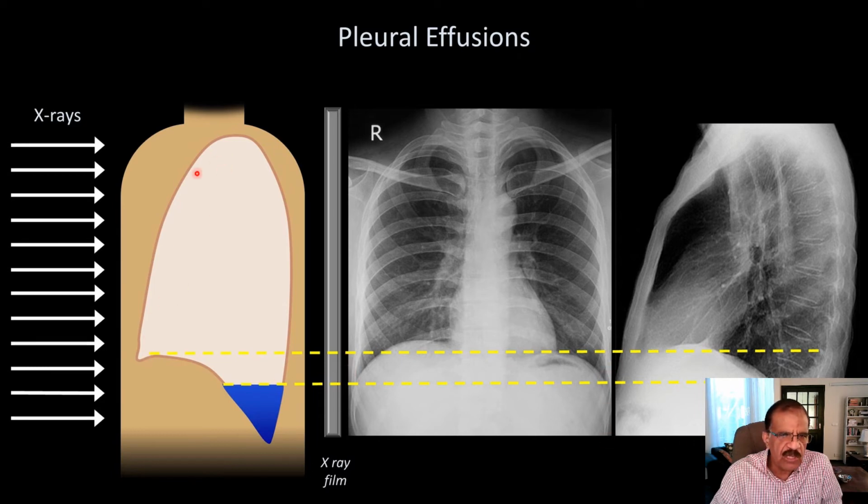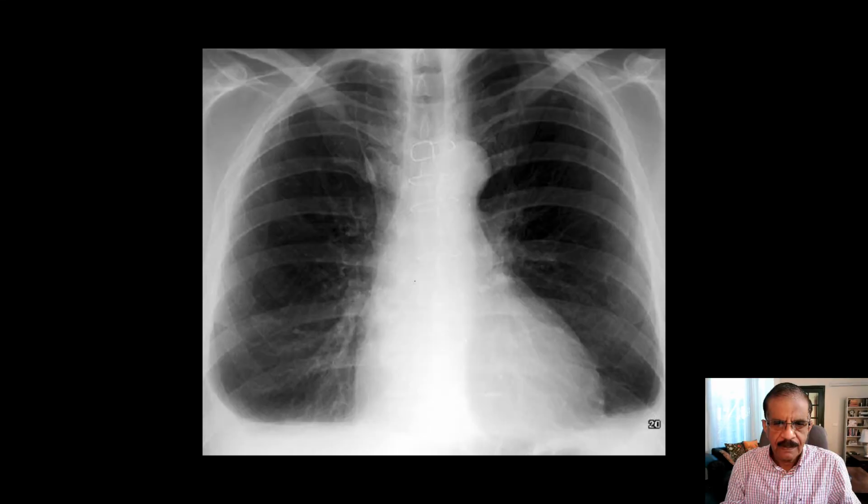Now this picture shows you the most dependent part is this posterior recess. So that is why a very small pleural effusion may be seen on the lateral film, not on the PA film. But normally we do the lateral film only if we had suspected pleural effusion and the PA film has not shown it. Maybe you can do the lateral film also.